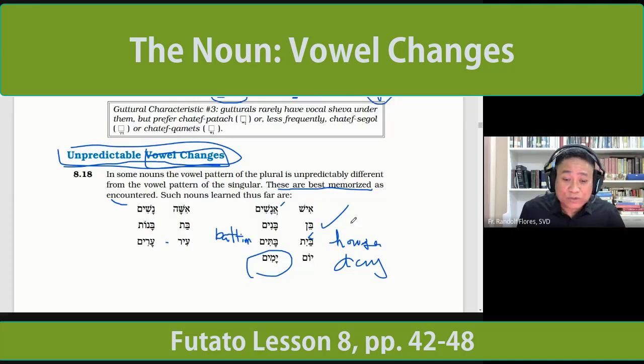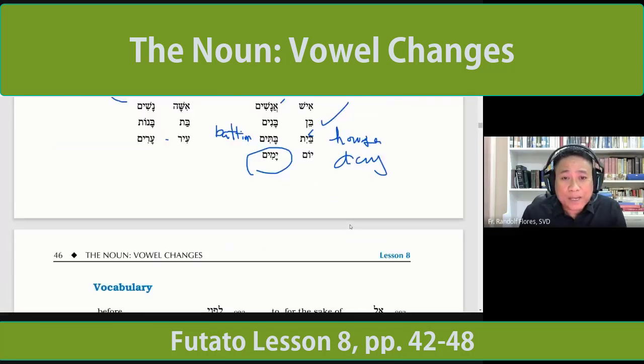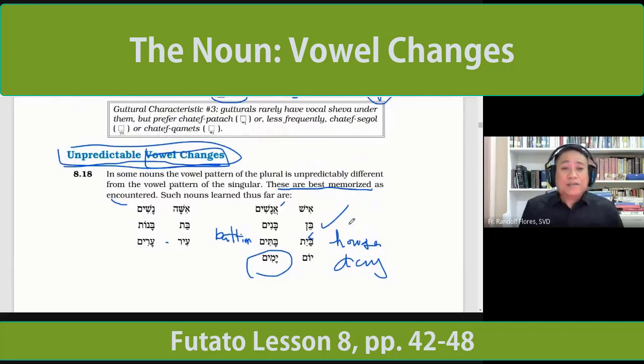They are reduced to shewa, or depends, hatef shewa if it is guttural. But most of the time you will have the Propretonic Reduction, which is the normal consonants, not the gutturals. Okay. Now, any question before we go to the vocabulary?